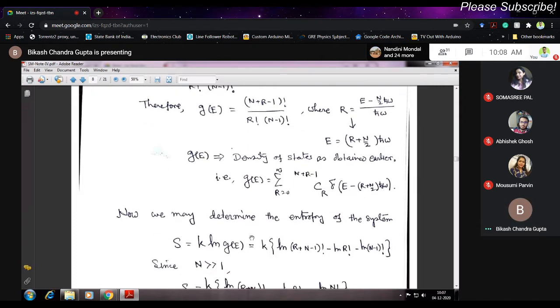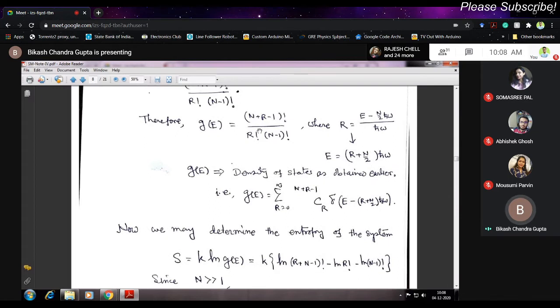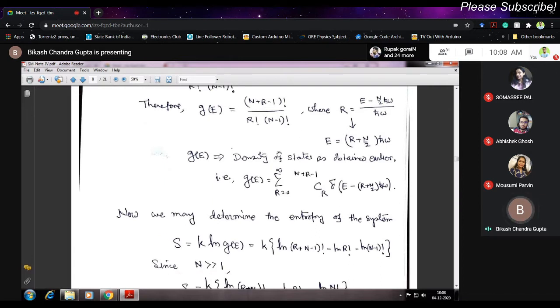Now if this is the density of states for a particular energy E corresponding to R number of quanta apart from the ground state energies, then you can write the density of states in this form, because E will map to a value depending on R. If you have R equals R0, then it will be R0 and so on.